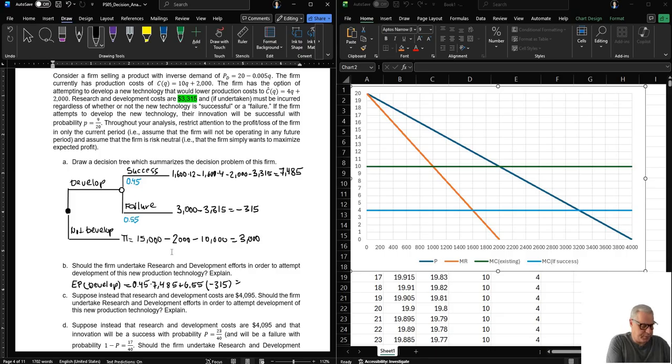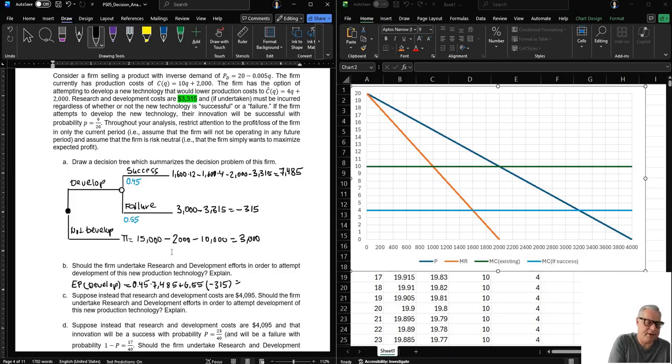Okay, so now what do we get? 0.45 times 7,485 plus 0.55 times negative 315.